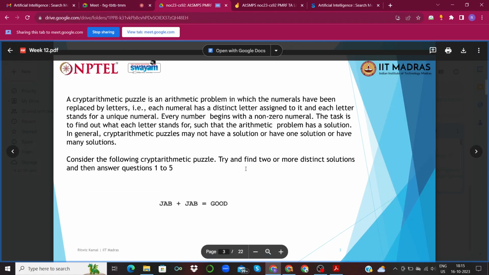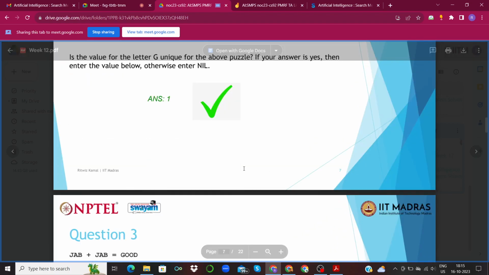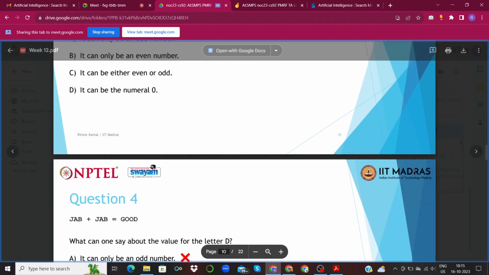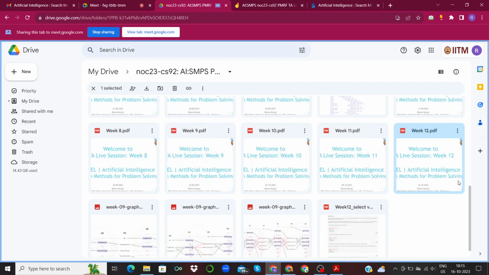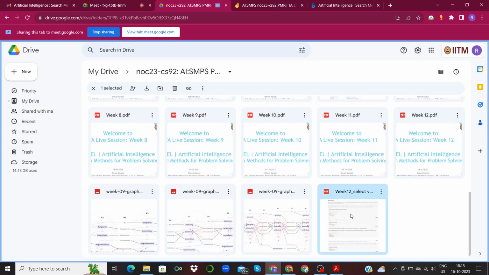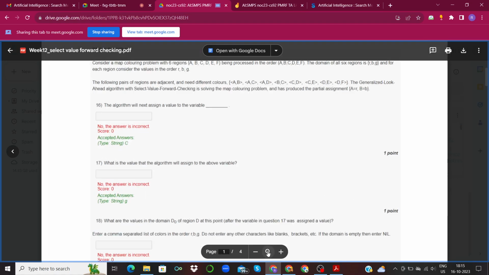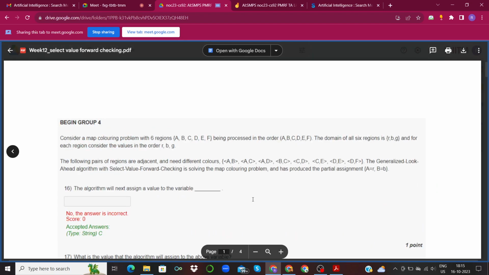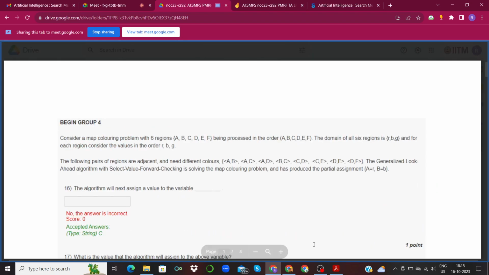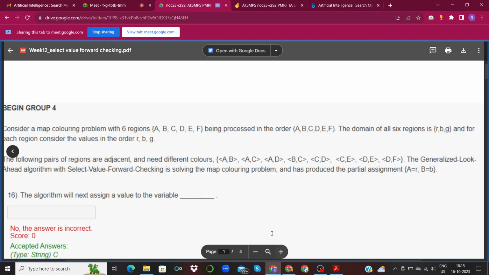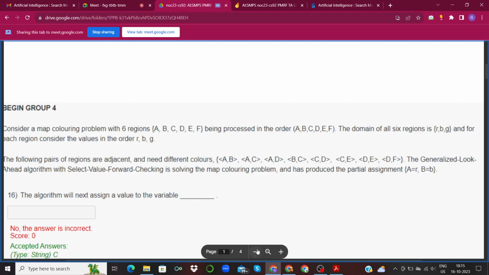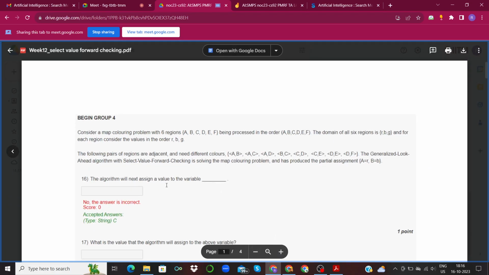Okay, so now that we are done with this, let me move on to another question that I wanted to discuss, which is based on select value forward checking. This is another part of week 12 content, and you might notice that I have taken a simple screenshot.